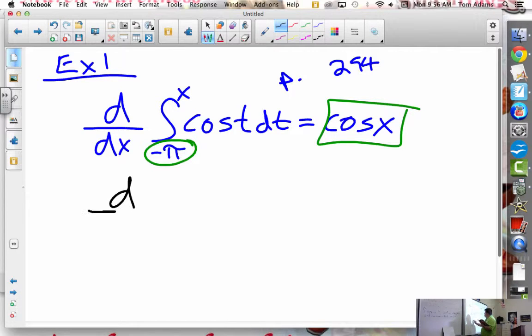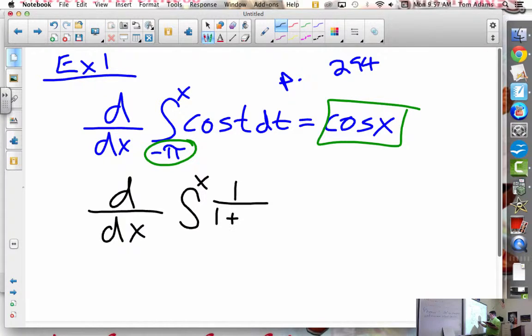Now, another example of this would be d/dx of the integral evaluated from something to x of the function 1 over 1 plus t squared dt. Now the textbook actually puts 0 right here, which is a constant.